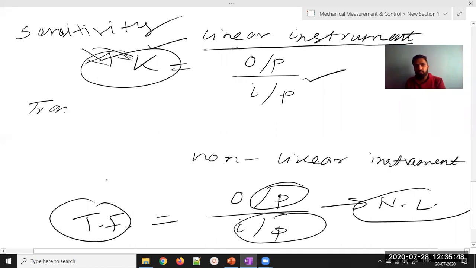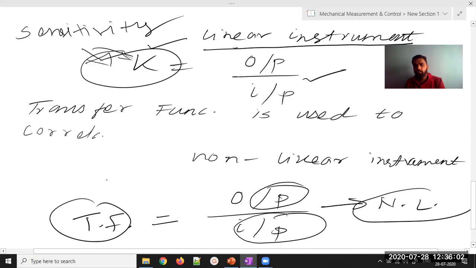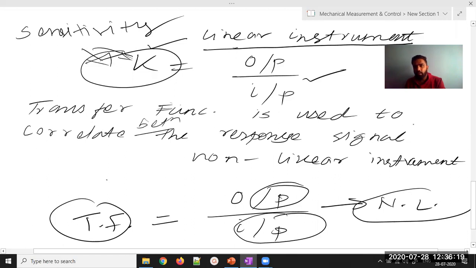Rather than using the term sensitivity, what is the term that we use? Transfer function. Transfer function is used to correlate between the response signal and the input signal of a non-linear instrument.